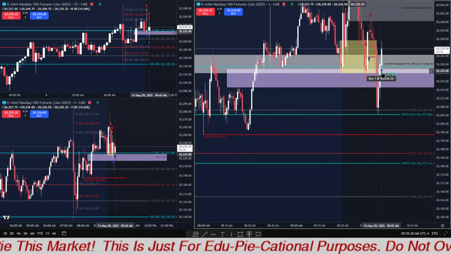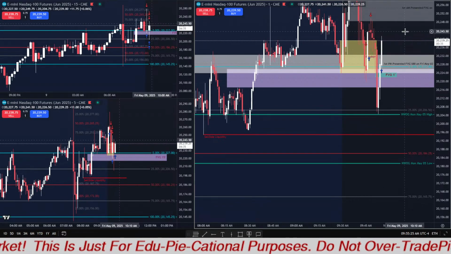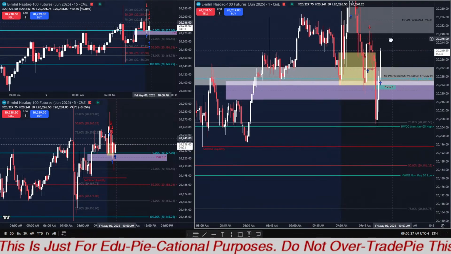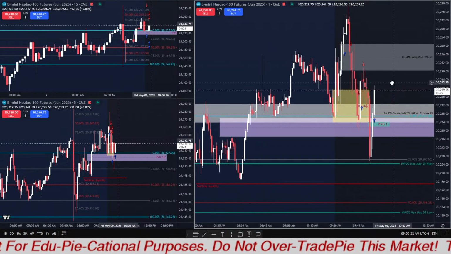It's exactly as I was expecting, and right now I'm expecting another run to the first presented fair value gap, and after that sending the price lower probably.